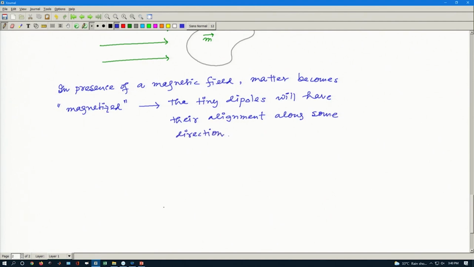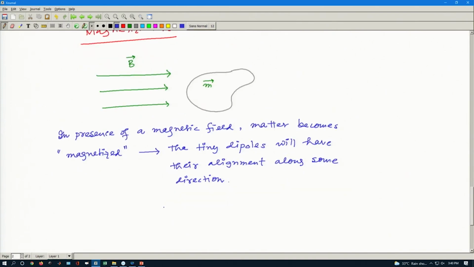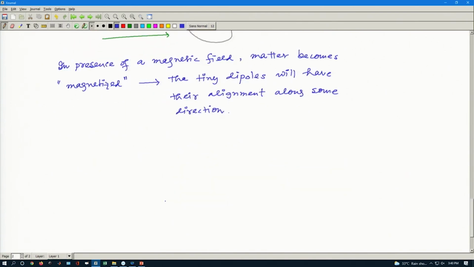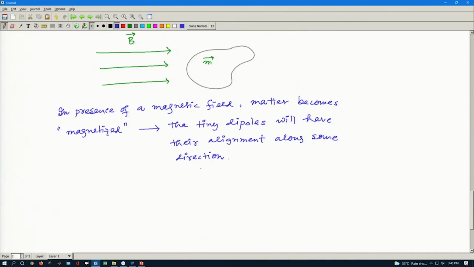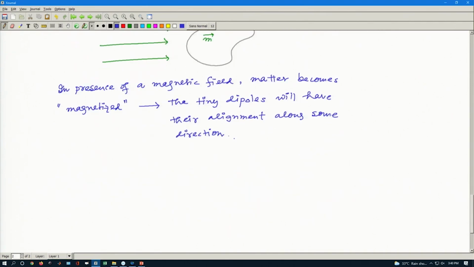This is called magnetization. So there is some alignment of the tiny magnetic dipoles, and we have the magnetization.